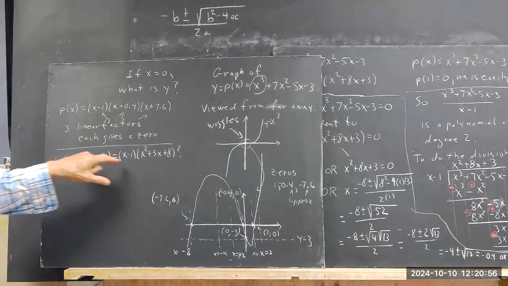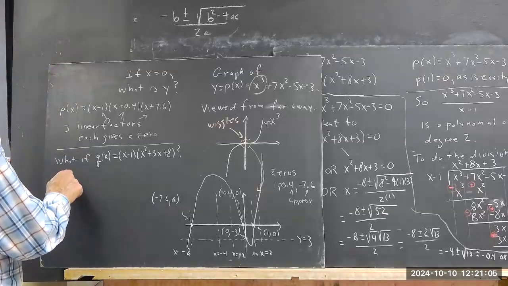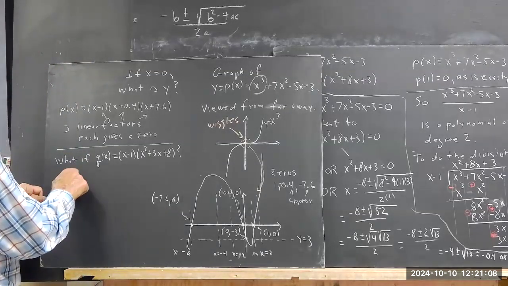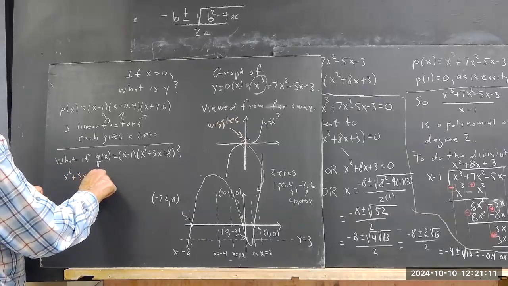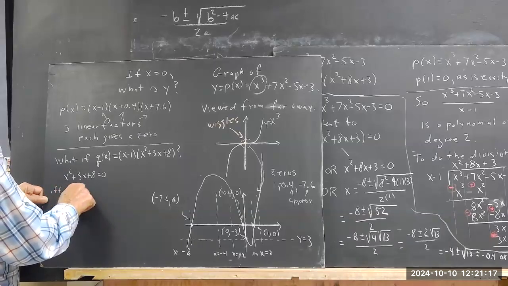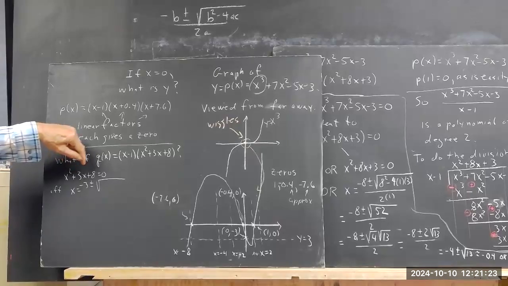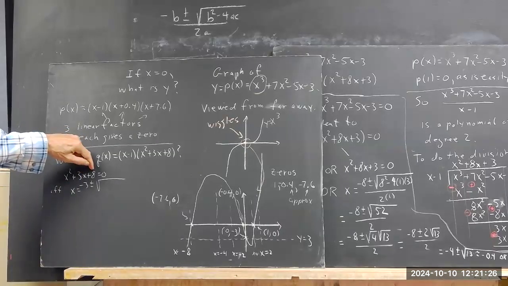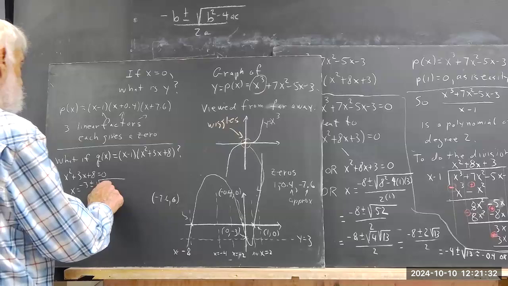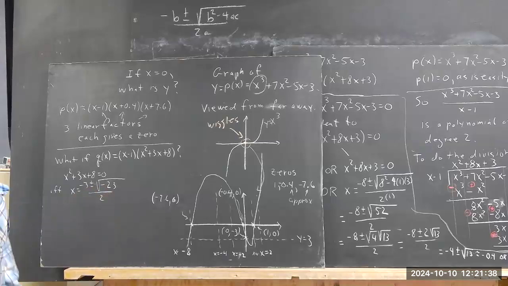What if some function q of x was like this? When you do the discriminant, you get b squared minus 4ac. 4ac is going to be 4 times 8, which is 32, and you're subtracting it from 3 squared, which is 9, and you get negative 23 without doing all the details substitution.